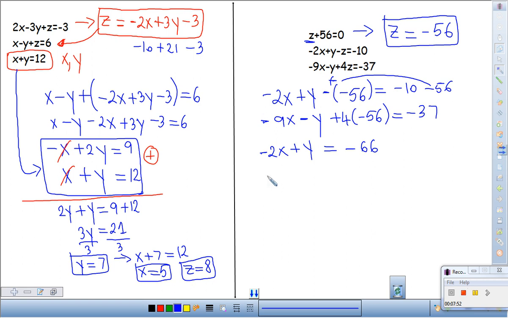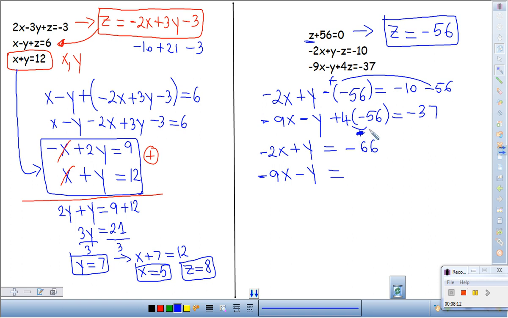And the second equation is negative 9x minus y equals, well, 4 times negative 56 gives me a negative.